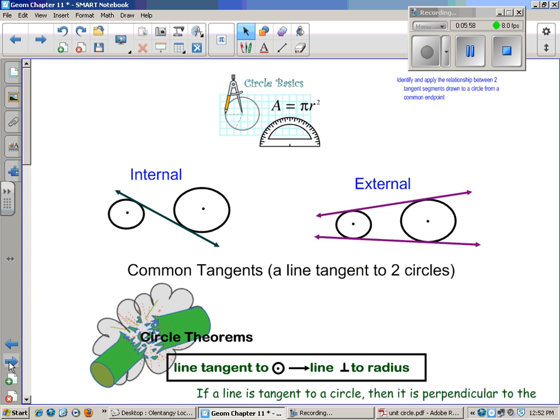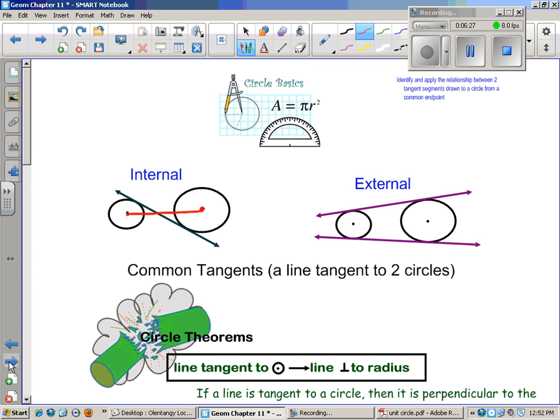And then we have, last time we had circles that were tangent to each other. Now we have two circles that are tangent to the same tangent line, and we call those common tangents. And there's internal and external. An internal tangent line is a line that if you connect the centers of the circles, an internal tangent line would cross it.